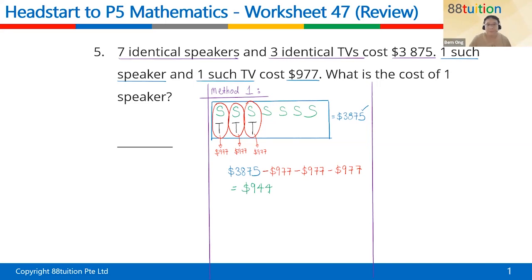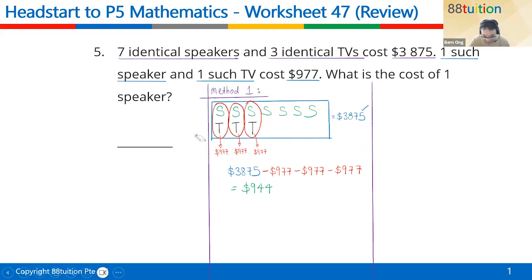Zoe, can you tell me what this 944 belongs to? Go to the chat and tell me, looking at my picture. The whole entire blue box is 3875. This is 977, 977, and 977.